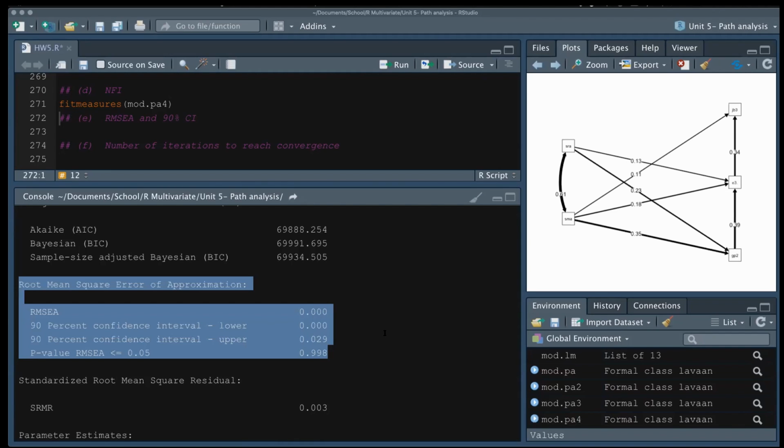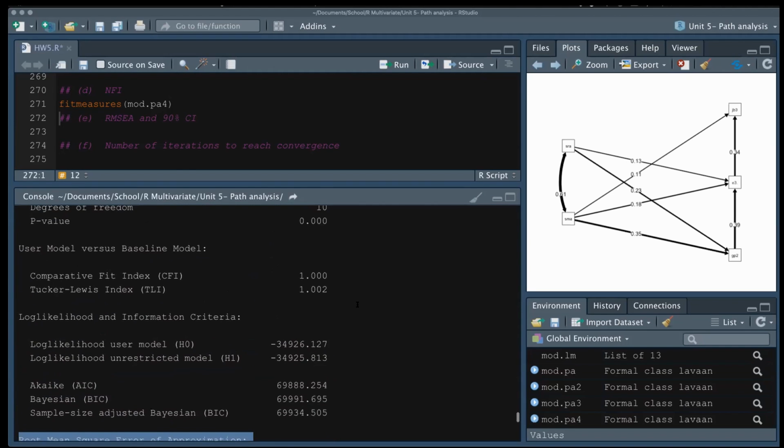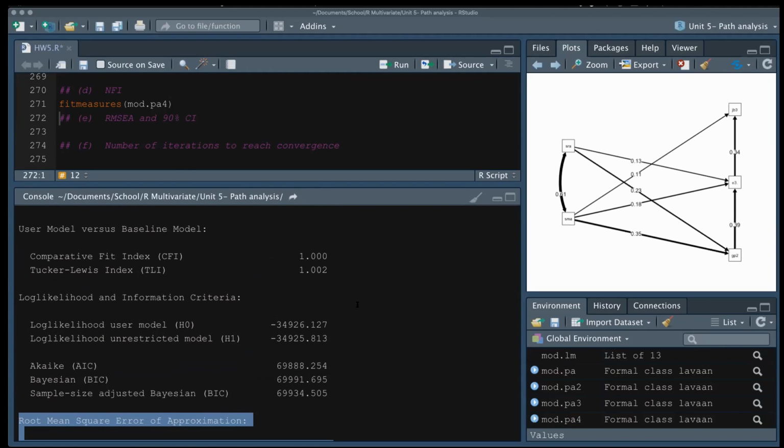But that upper 90% confidence interval limit is 0.029. And what do we want those values to be? Josh, I would just say 0.00. Yeah, Noah's right. We want those values to be under 0.08.